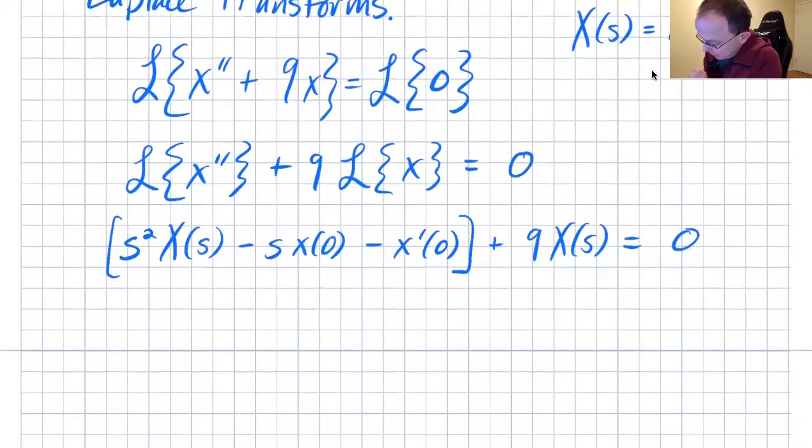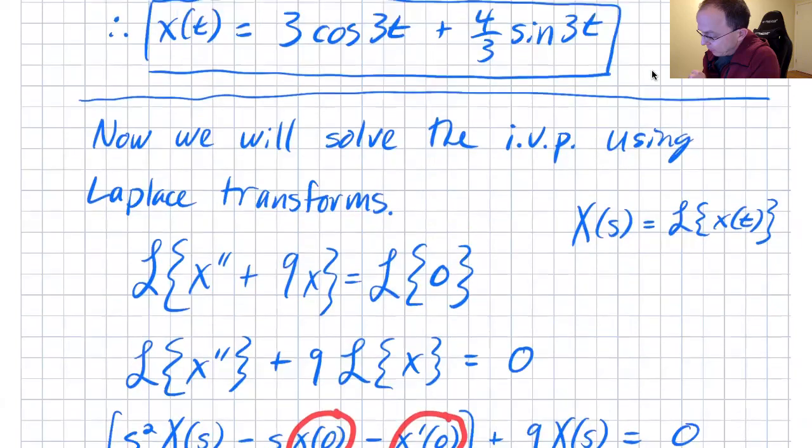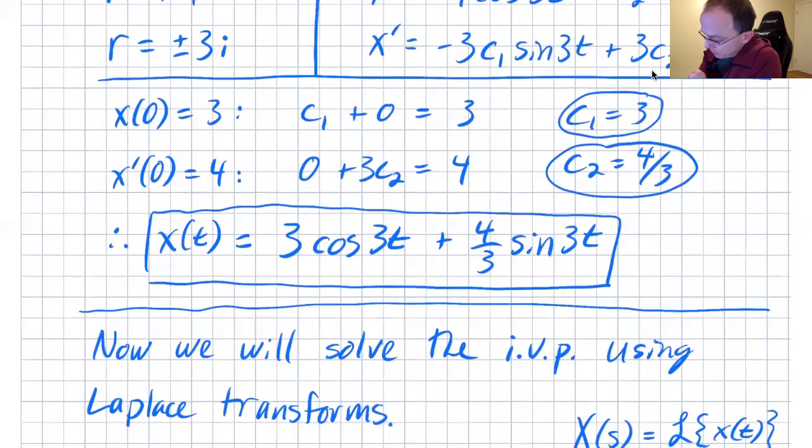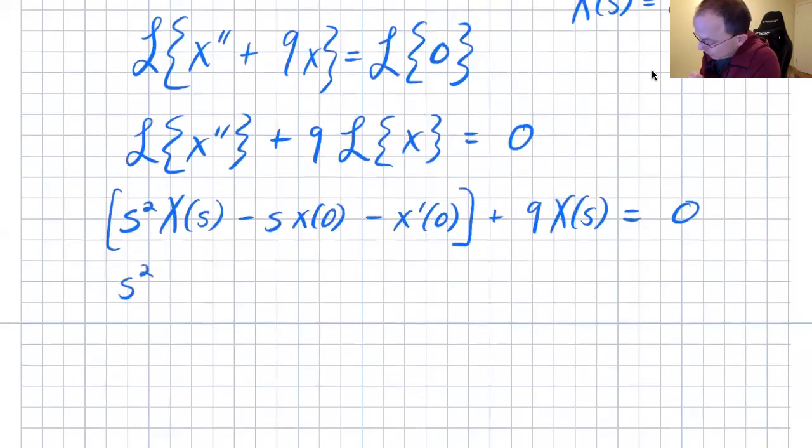Okay, so now let's plug in the values that we know for x of 0 and x prime of 0. So this will be 3 and 4. So we're going to get s squared. I'm going to combine these terms together, first of all. So collect the X of s terms together, and then 3 and 4.